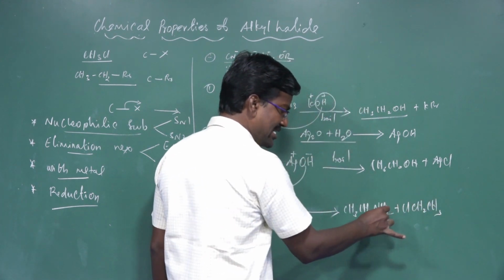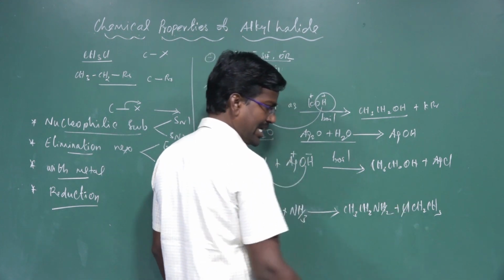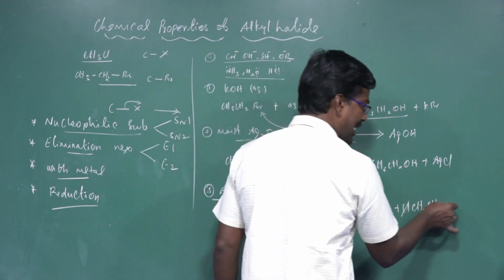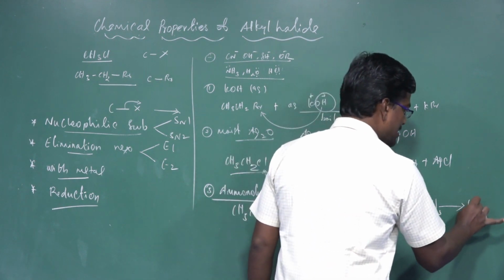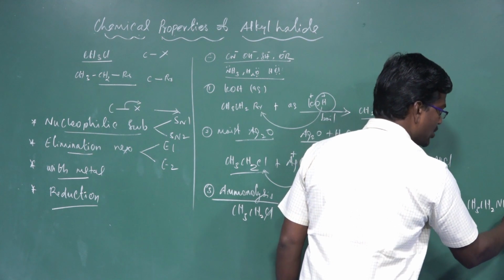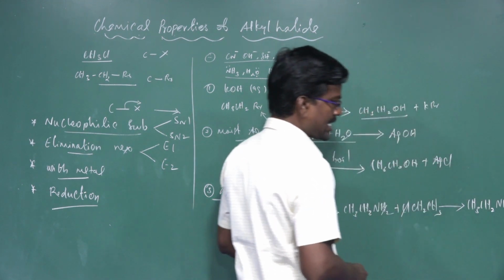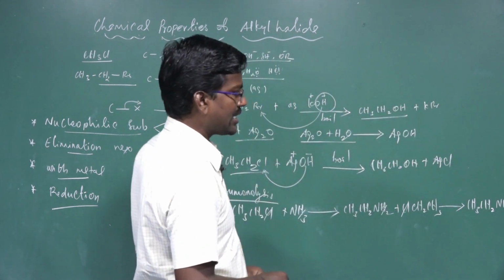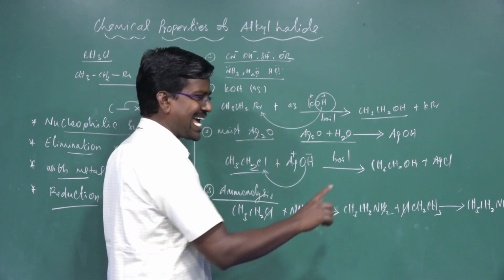Hydrogen from the ethylamine and chlorine from the ethyl chloride are removed as HCl to form CH3CH2NHCH2CH3.